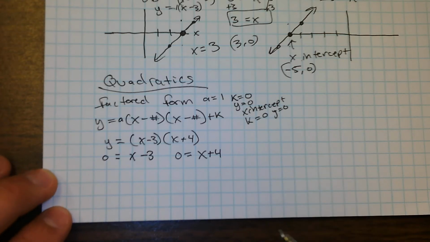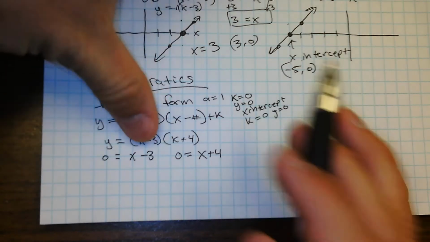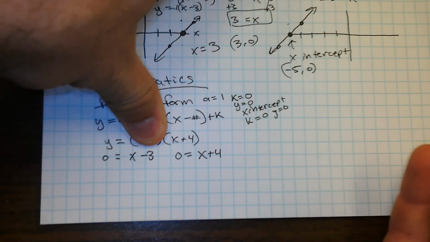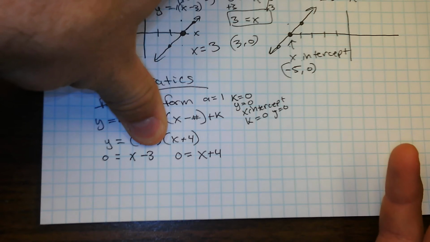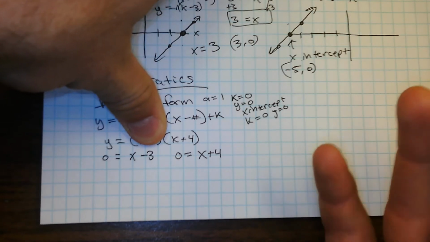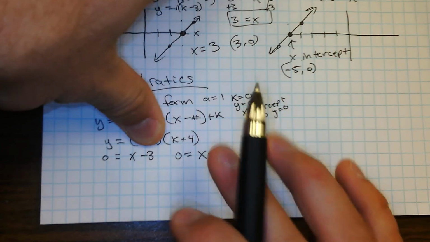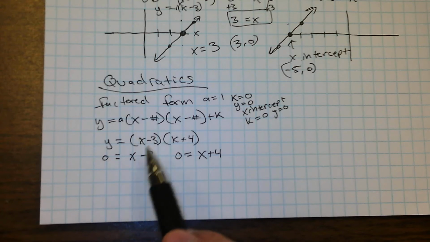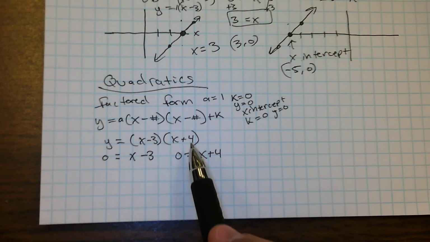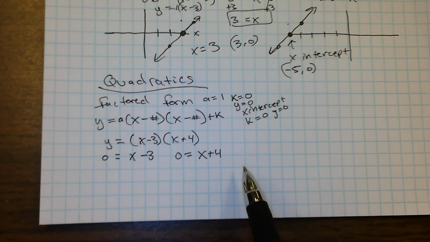And the reason why we do that is because, say x minus 3 is equal to 0, right? What's 0 times anything? 0. So, the answer to this problem will be 0 as long as x minus 3 is equal to 0 or x plus 4 is equal to 0. That's why we have two equations.